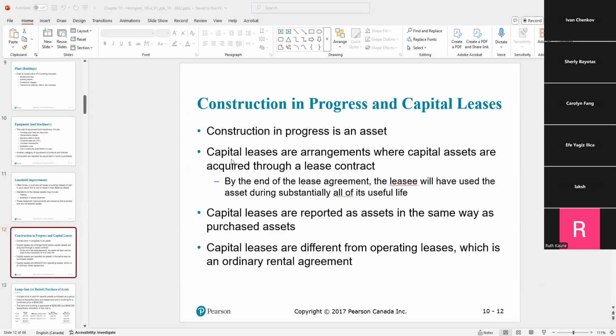Obviously, by the end of the lease agreement, the lessee will have used the asset during substantially all of its useful life. Capital leases are reported as an asset in the same way as a purchased asset, and those are different from operating leases. In the accounting standards for private enterprises, we have two types of leases. One is capital lease, the other one is operating lease.